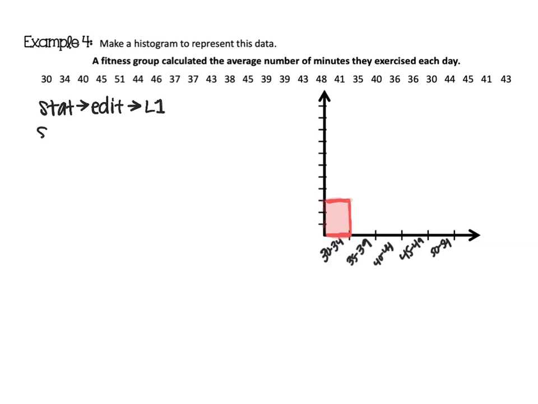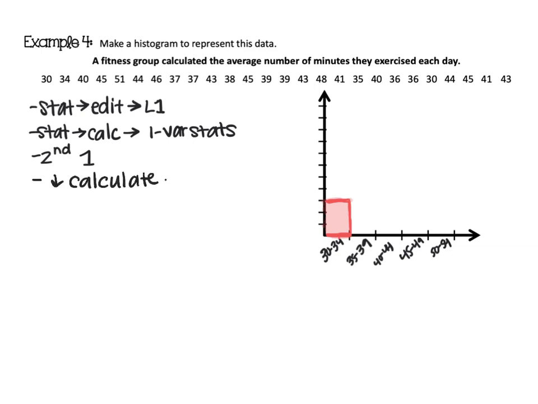After you do that, you're going to go to Stat, Calculate, and choose one variable statistics, or 1-Var Stats. Then make sure to select L1 by pressing second 1, unless it already says L1. As long as it already says L1, you're fine. Scroll down to Calculate, and hit Enter.